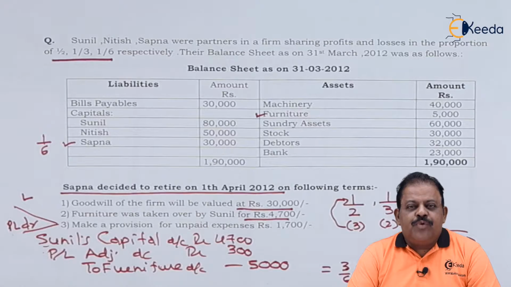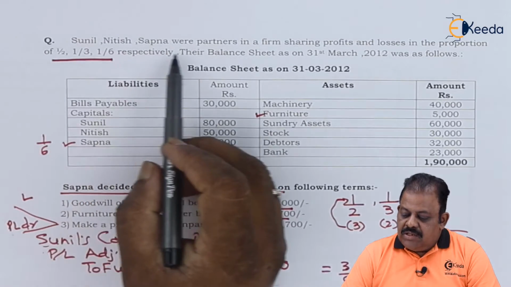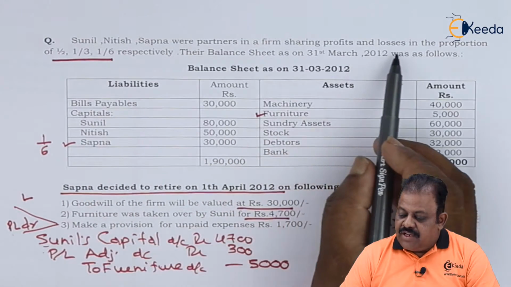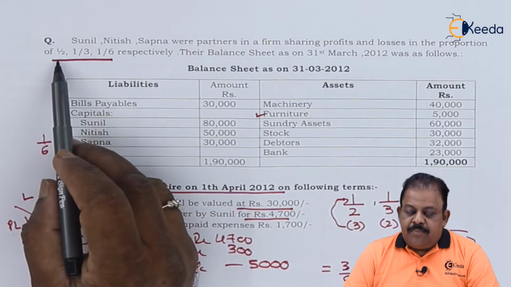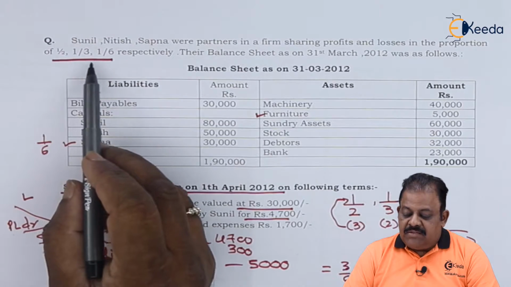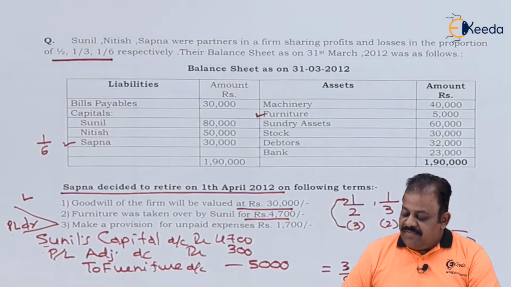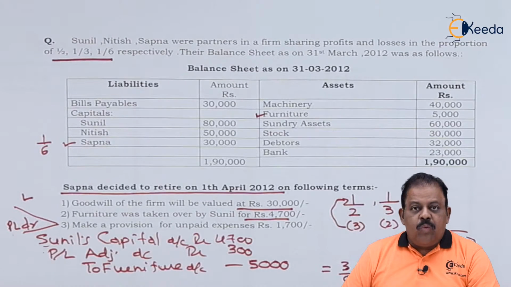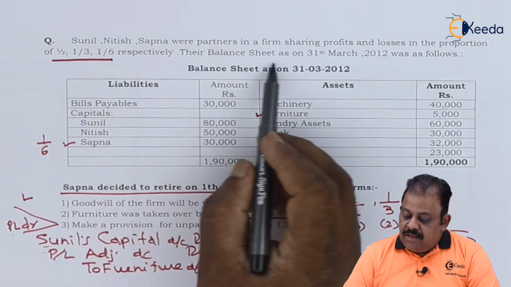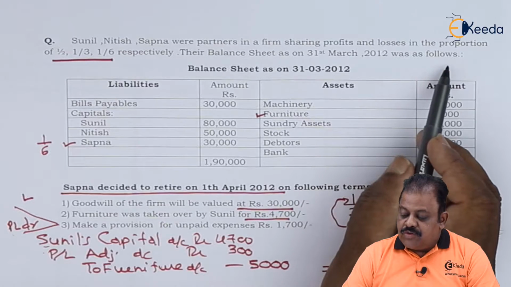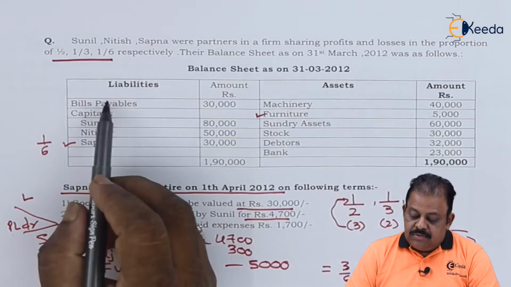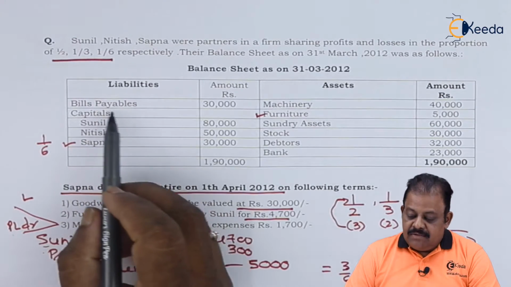Let us start doing posting. Sunil, Nitish, Sapna were partners in a firm sharing profits and losses in proportion of 1 by 2, 1 by 3, 1 by 6. We have simplified this. It is 3:2:1. Their balance sheet as on 31st March 2012 was as follows. We'll start with the liability side.